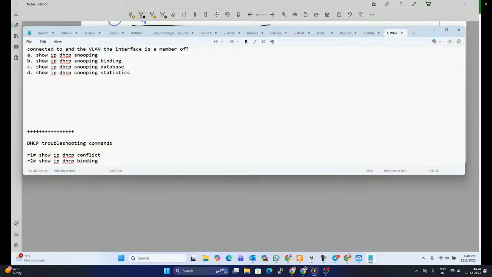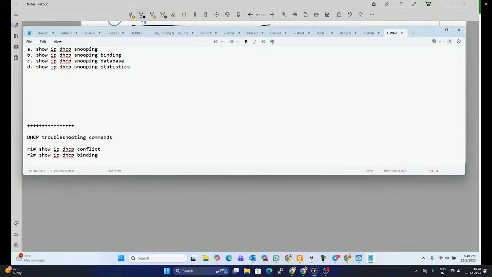Show ip dhcp binding, as we have already discussed. Let's say it's R1 only, and again, this is just a router.